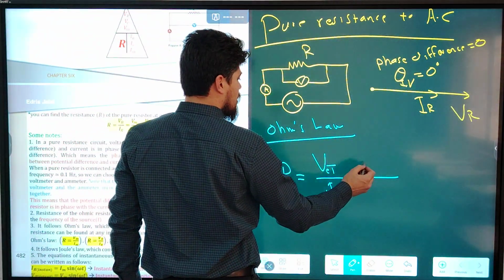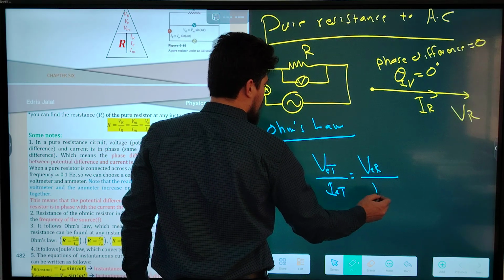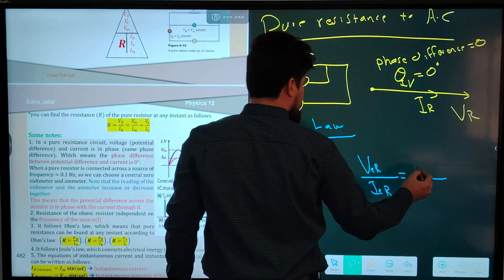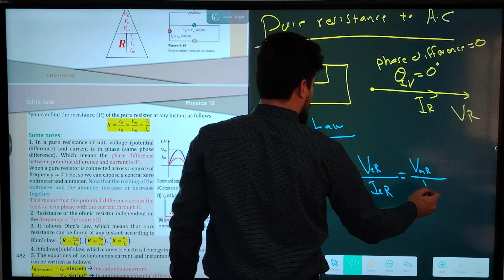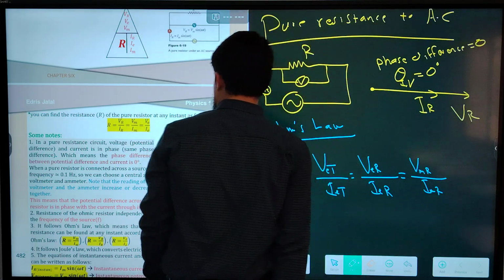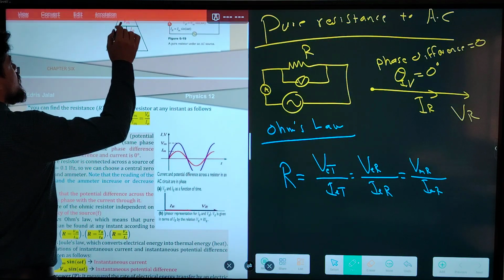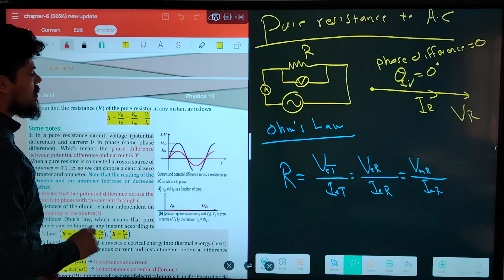Resistance is equal to V effective over I effective, and is equal to also V maximum across resistor divided by I maximum across the resistor. So we can find resistance at each instant for the resistor. R is equal to V_R over I_R, V_M over I_M, V_E over I_E.